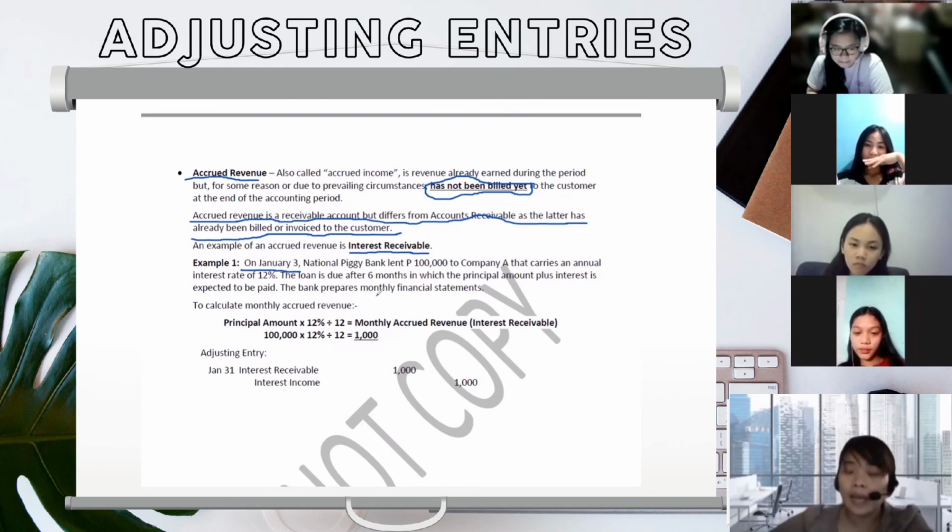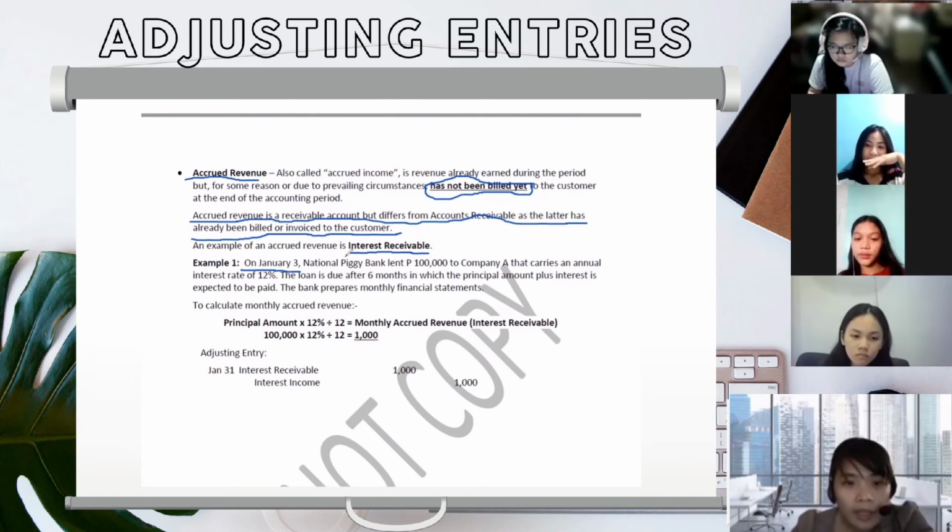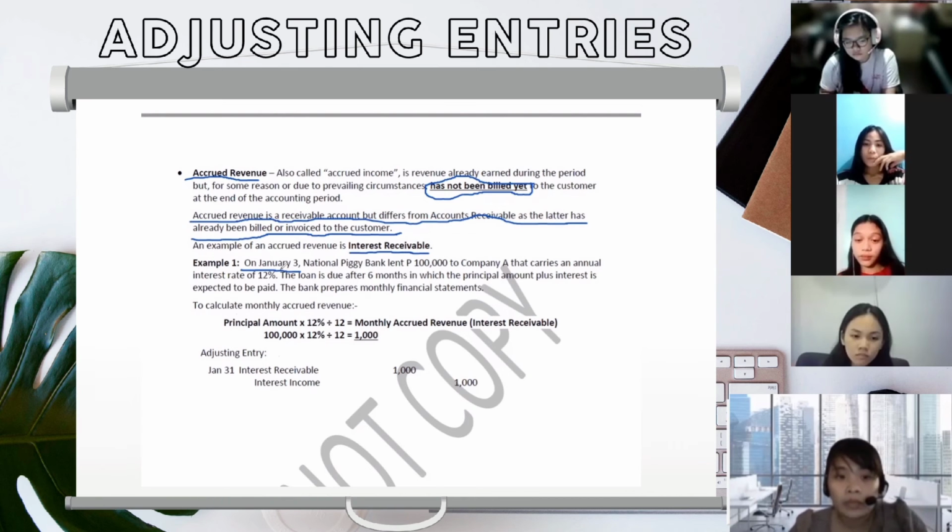Okay, ibahin natin ha. Ito kasi ang nangyari dito ay nagpautang si National Piggy Bank. Okay? So ibig sabihin, may marireceive siya na income kasi nagpautang siya, di ba? So ibig sabihin yan, 100,000 times 0.12 kasi sinabi dito na ang interest rate daw ay 12%, right?